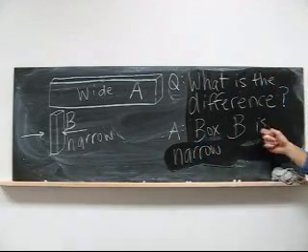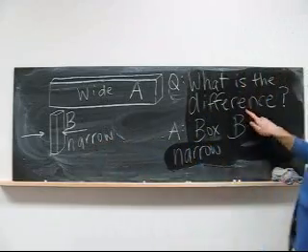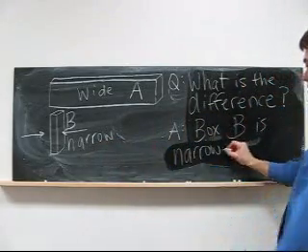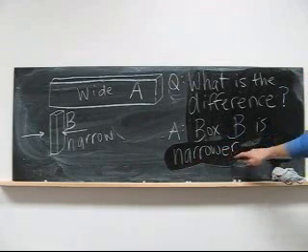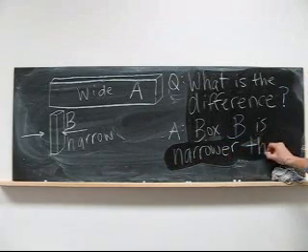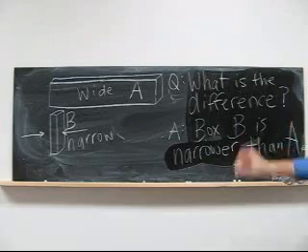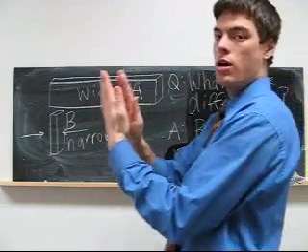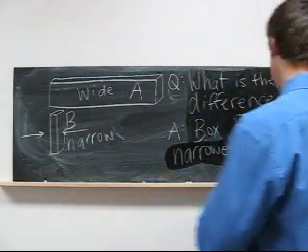Yes, box B is narrow, but the difference is that box B is narrower than box A. So box B is narrower than box A.